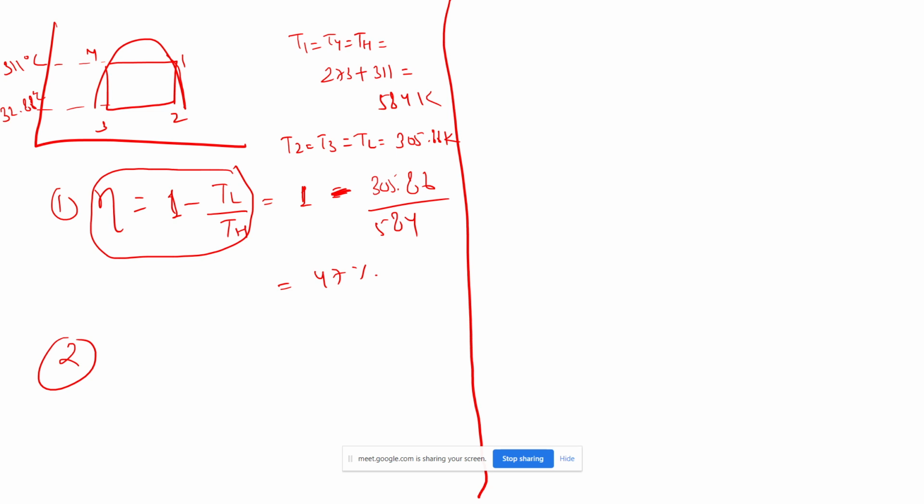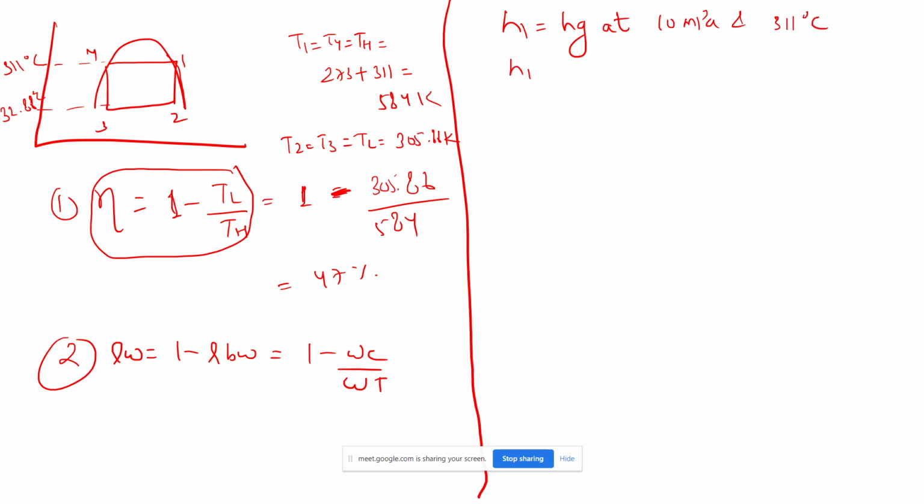Second, what is the work ratio? It is 1 minus back work ratio, or 1 minus WC upon WT. At point 1, it is saturated vapor, so H1 will be directly equal to Hg at 10 megapascal pressure and 311 degrees Celsius.